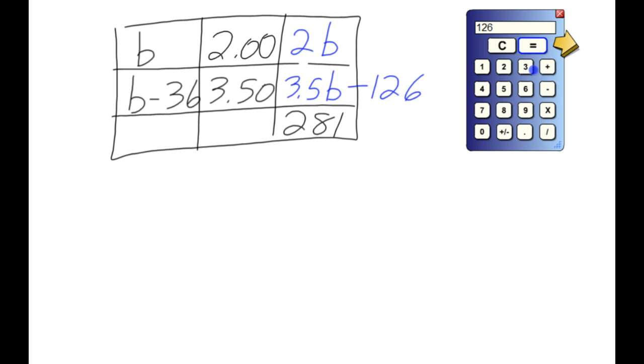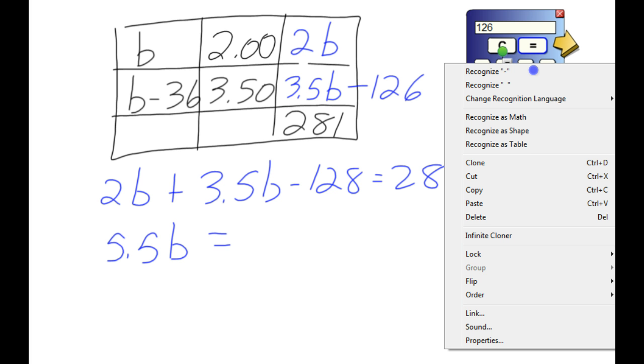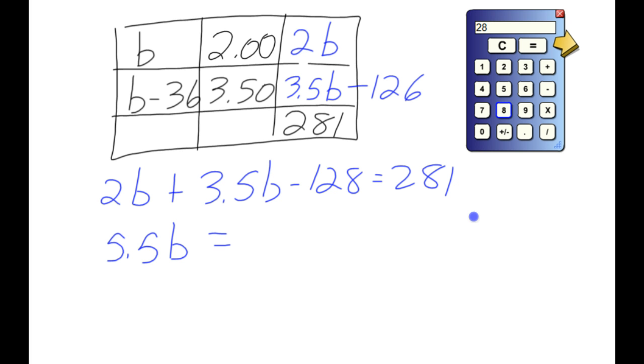So you set up the problem 2B plus 3.5B minus 126 is equal to 281. 5.5B is equal to 281 minus, oh, I got to add it now because it is minus, plus 128 equals 409.